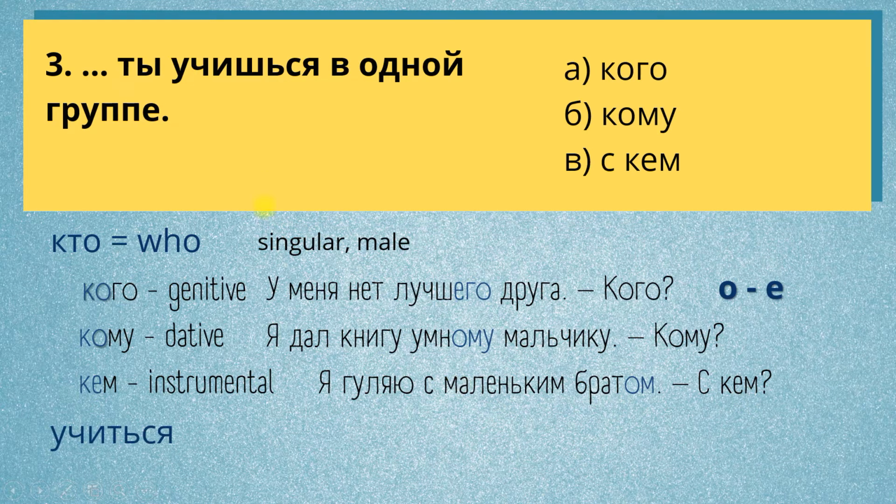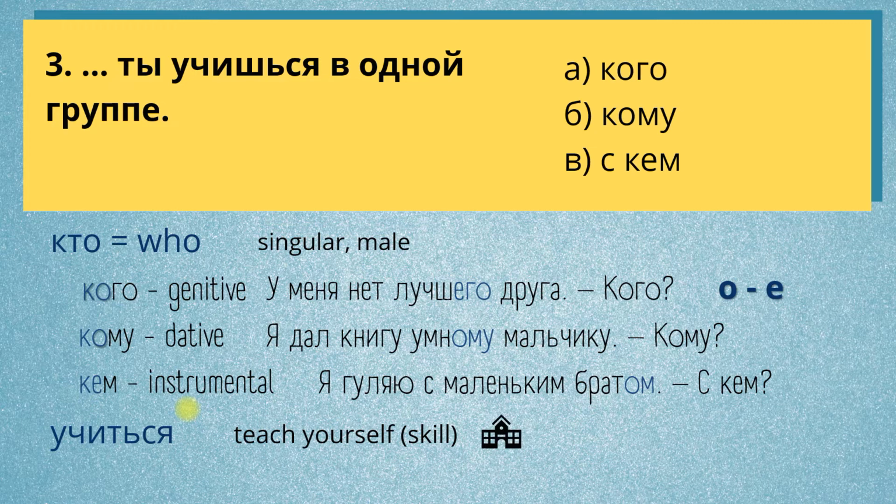When we go back to the sentence, ты учишься. There are a lot of problems with учиться. With учиться you need to see this ся and just understand what ся means. It's when you teach yourself. How can you teach yourself? When you gain some skills. Nobody can teach you doing something. Only you can do it yourself and teach yourself through your experience.